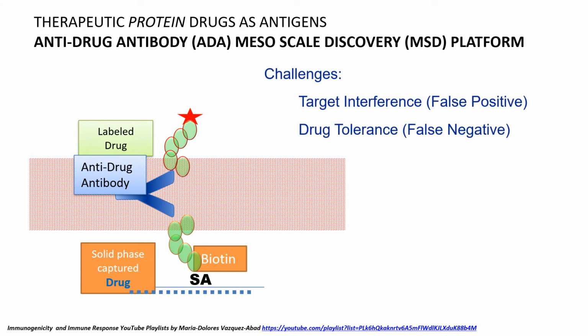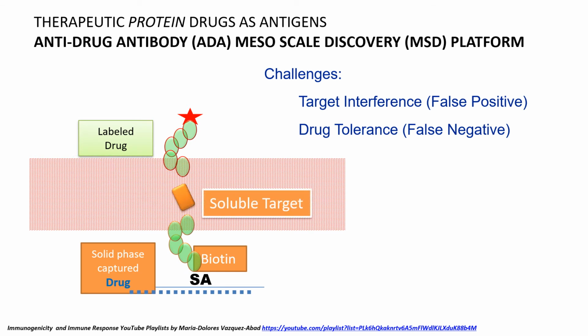You will be hearing about target interference and drug tolerance when you get to analyze. You're given results of antidrug antibodies to discuss and analyze. So you need to understand at least that there's something that you need to pay attention to. Target interference. The drug has been engineered to bind a target. If this target is a soluble target, it will be circulating in the blood of the patient.